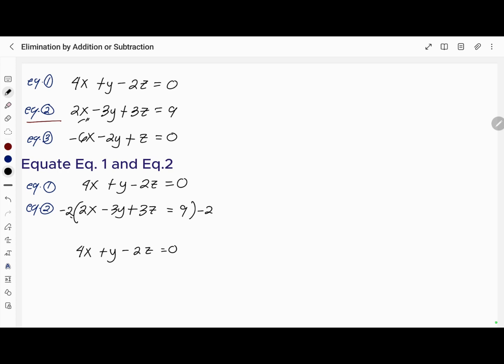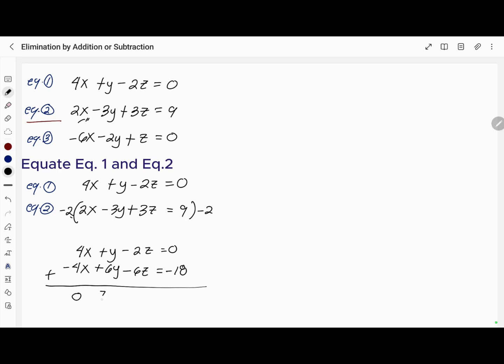Then for equation 2, negative 2 times 2, so negative 4x. Negative 2 times negative 3y, we have positive 6y. Negative 2 times 3z, that is negative 6z. Then negative 9 times negative 2, that is negative 18. Then add. So 4x minus 4x, 0.